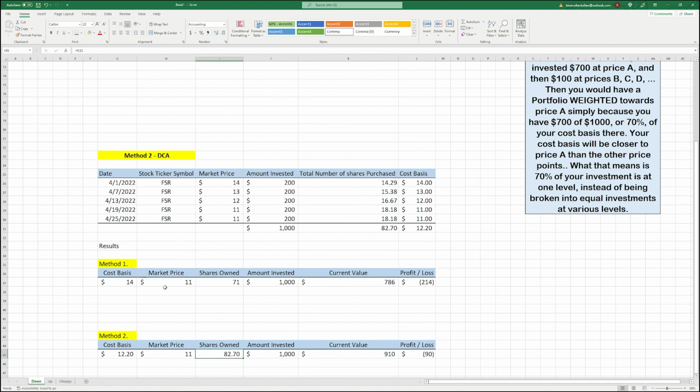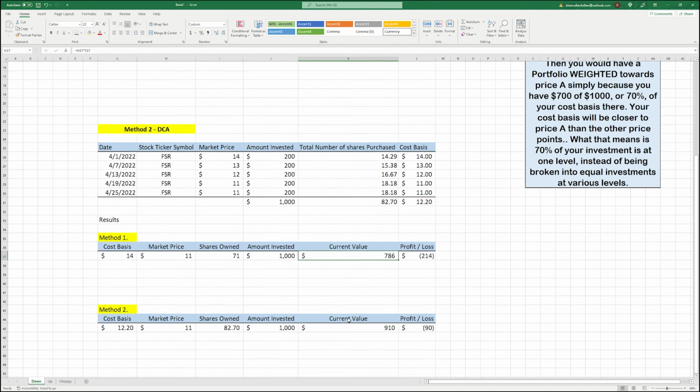This isn't going to change, just the market price. And what that's going to come out to is your current market value. So in scenario one, your holdings are only worth $786 now. You put in 1,000, so your unrealized loss right now would be 214.